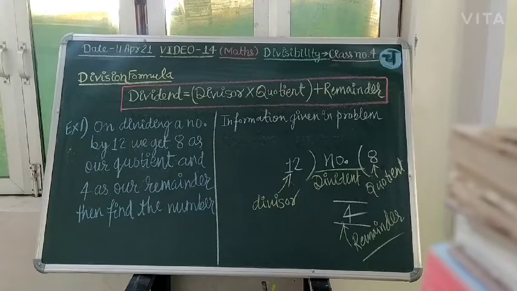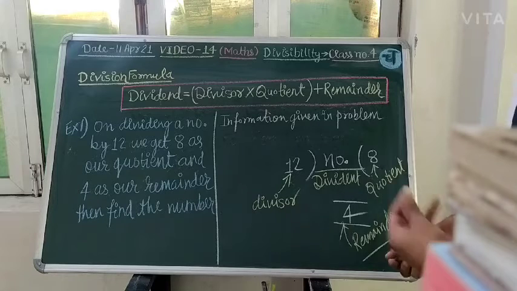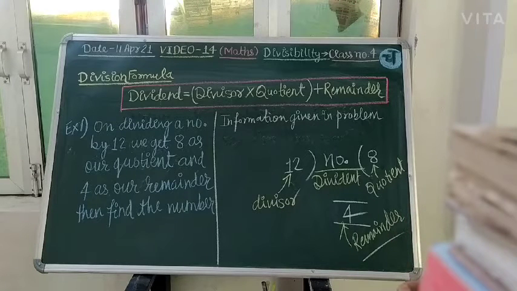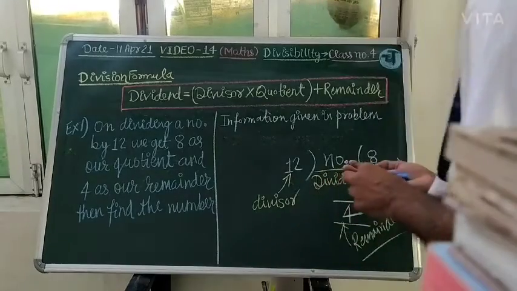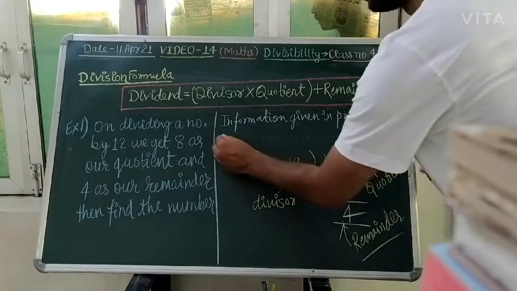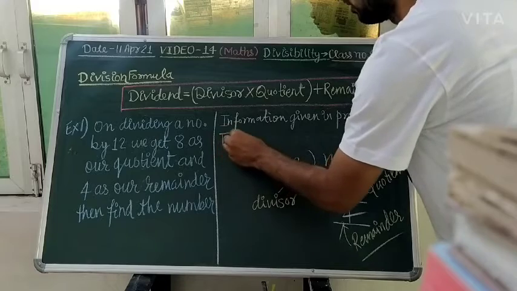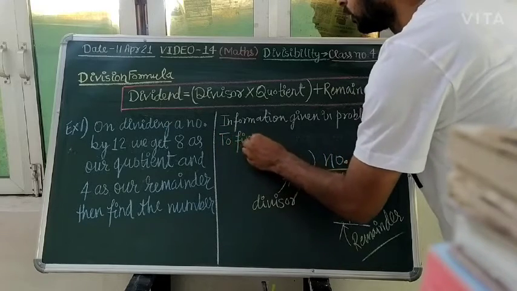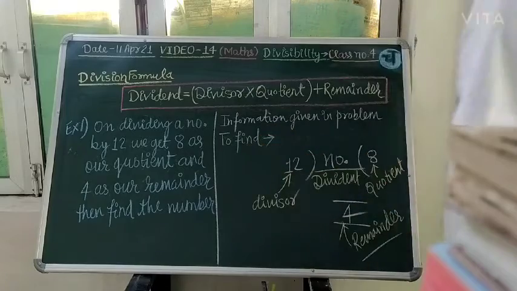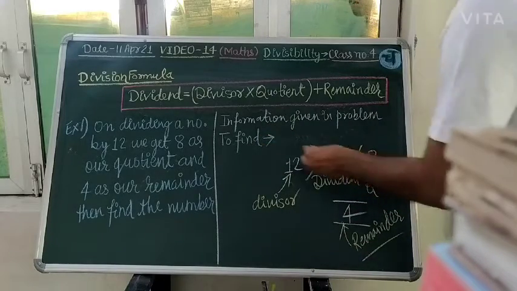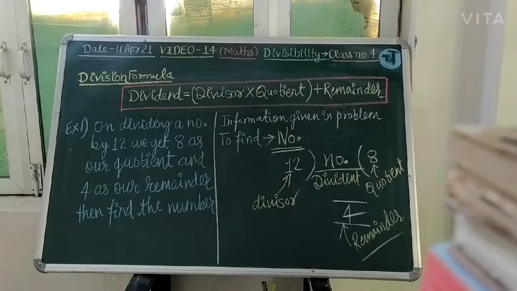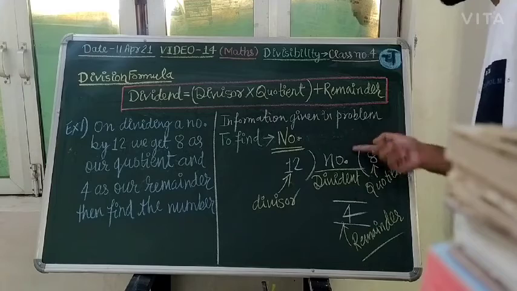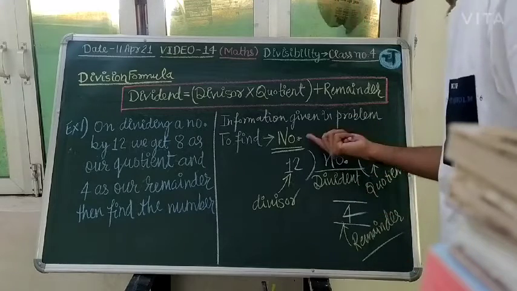This much information we have got. Now the question asks us to find the number, which we don't know.